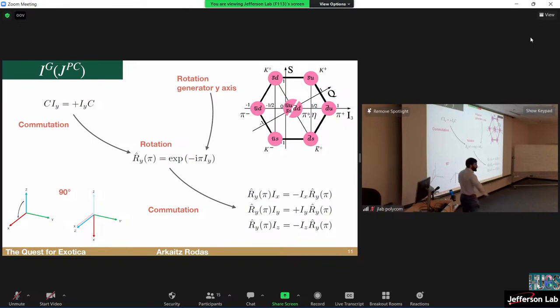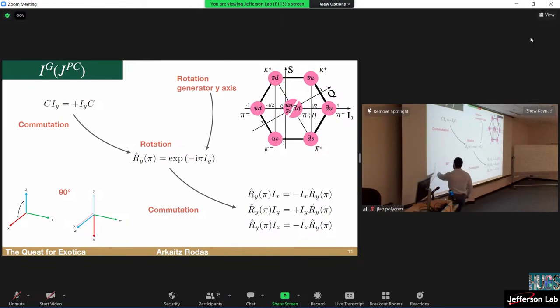So in order to define it, we're going to do some hand-wavy group theory because I'm not going to describe everything in detail, but I can give you some quick books about that. So first things first, out of the 3 components of the isospin, x, y, and z, the y-axis one commutes with the charge conjugation. And we're going to use this. Now, the second thing that we're going to do is define a rotation of 180 degrees over the y-axis of isospin.